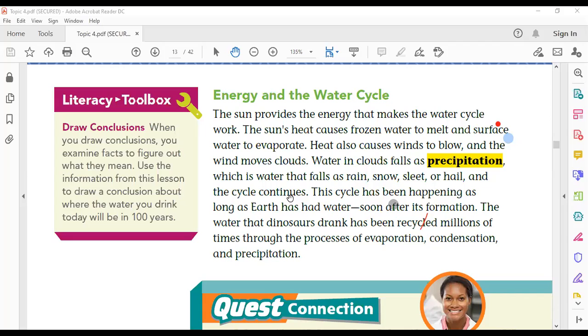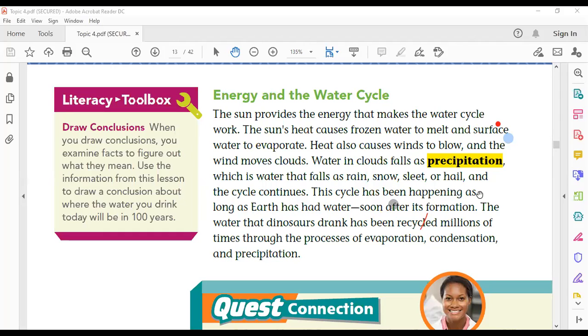and the cycle continues. By the way, this cycle will never stop. From the beginning of life on earth, and it will continue until the end of life. The water cycle never stops.